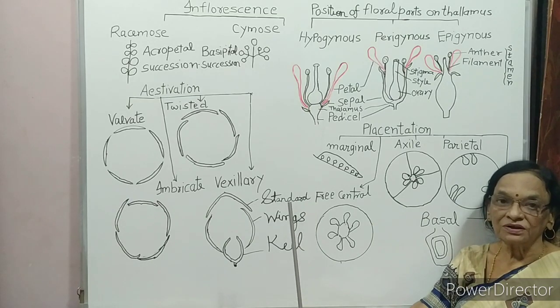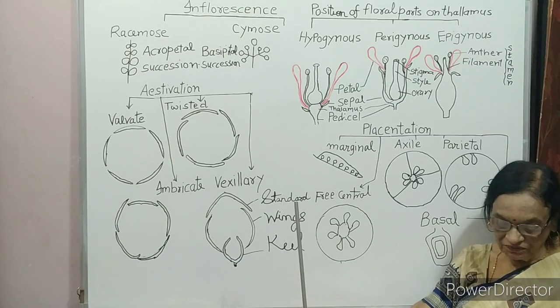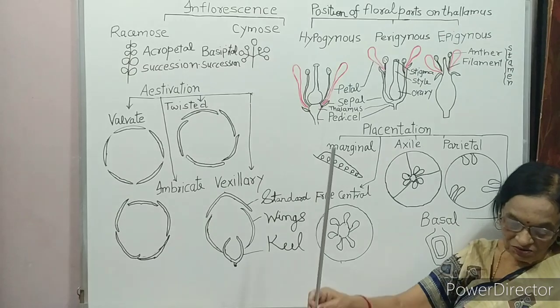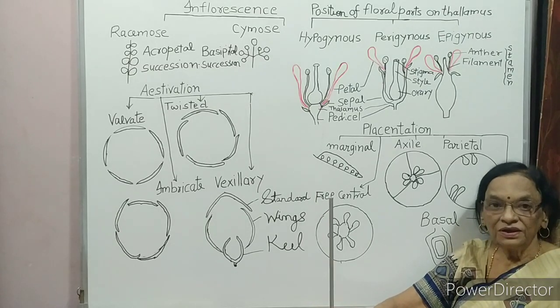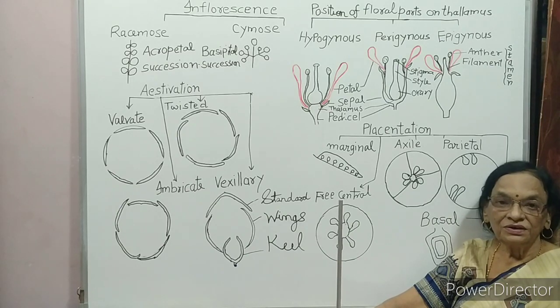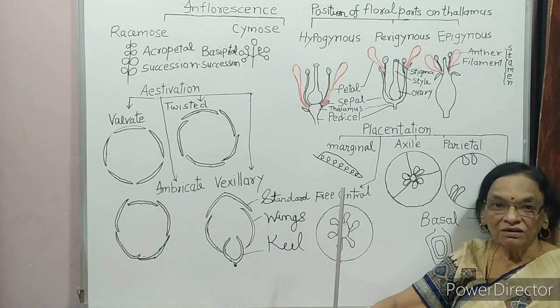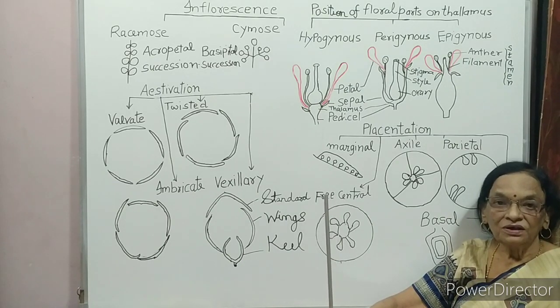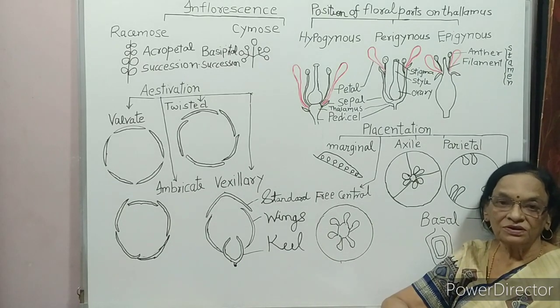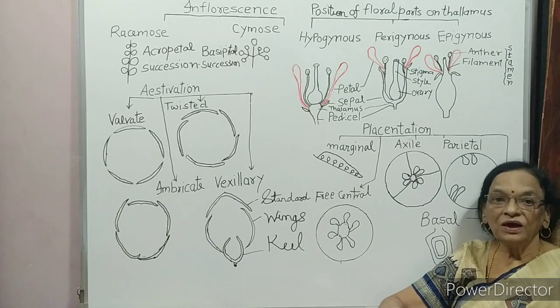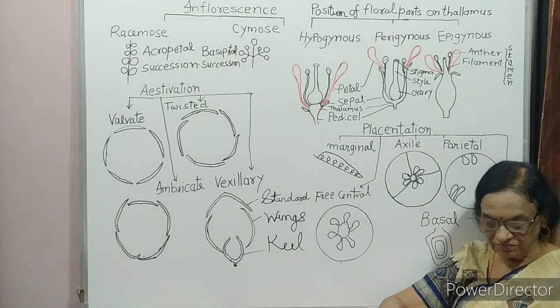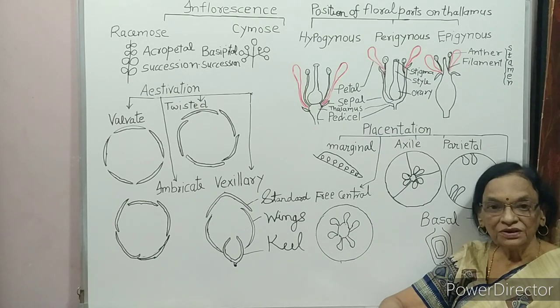Symmetry of a flower is of two types, actinomorphic and zygomorphic. What is actinomorphic? When any plane passing through the center divides the flower into two similar halves, it is called an actinomorphic flower. In animals, you have studied radial symmetry.